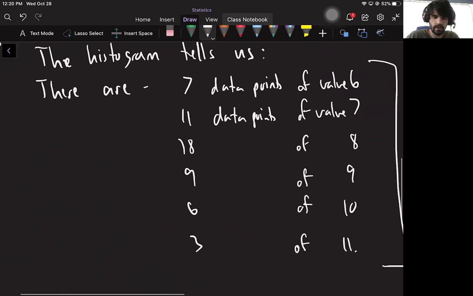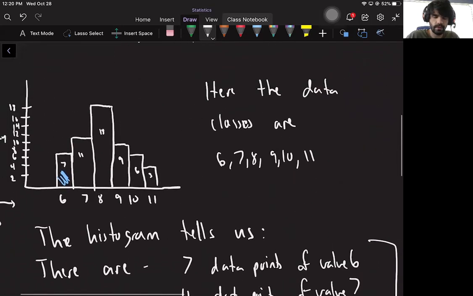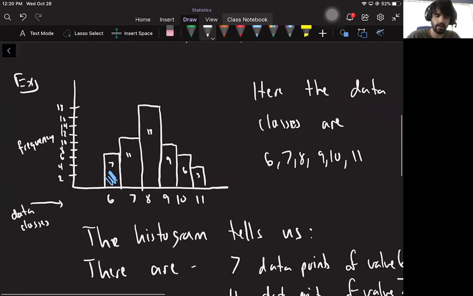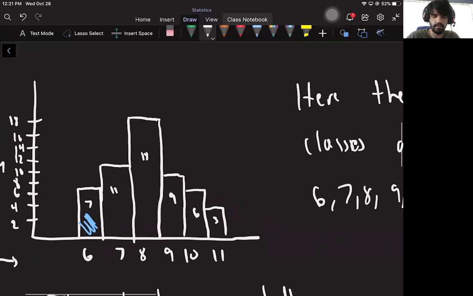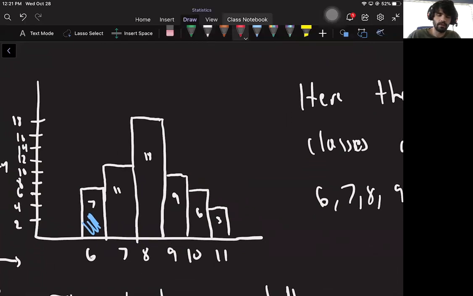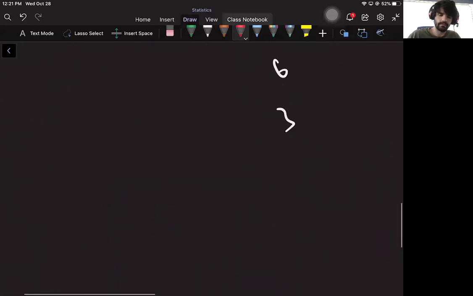So what else does the histogram do for us? Well, you can now very visually see that the middle of the data should be around 8, if not just 8 itself. And so we can estimate that. That's one nice thing about histograms.